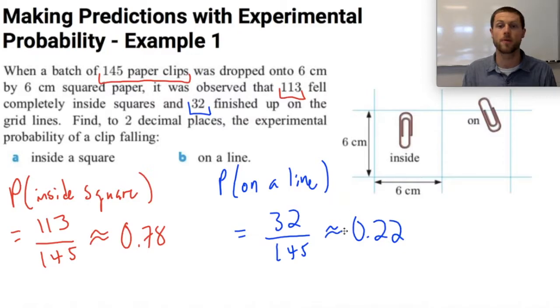So these are the experimental probabilities that these things will happen. And the idea with these experimental probabilities is that if I were to throw another paper clip, hopefully it'll follow these trends, that I have about a 3/4 chance of it falling inside of the square and a little less than a 1/4 chance of it falling on the line. So this is to help us infer what would happen if we were to do this again.